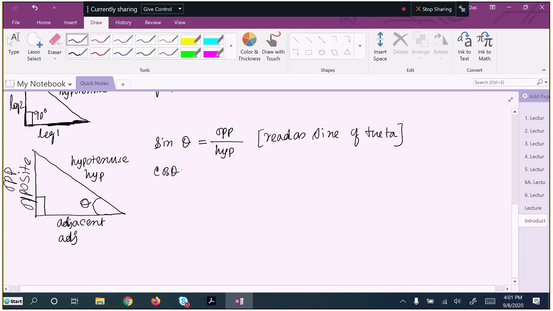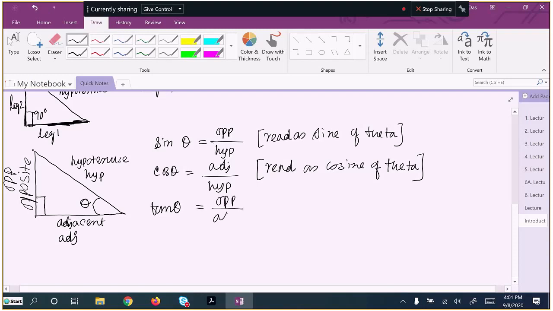Cosine of theta will be the ratio of the adjacent side over the hypotenuse, and read this as cosine of theta. Tangent of theta will be written as tan theta, and this will be the ratio of the opposite side over the adjacent side, and as usual we will read it as tangent of theta.